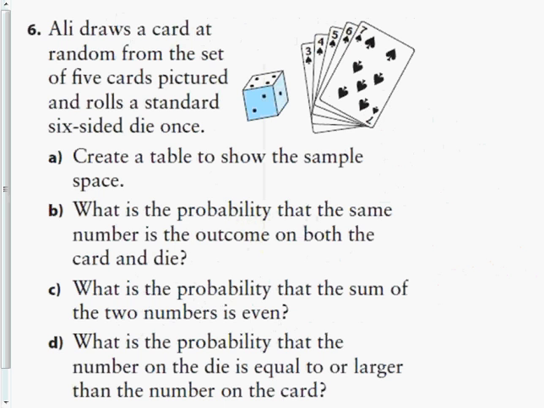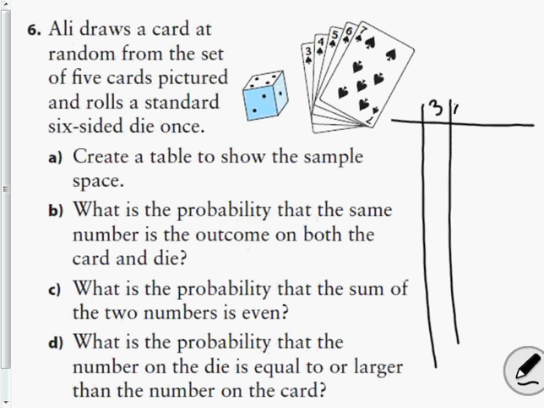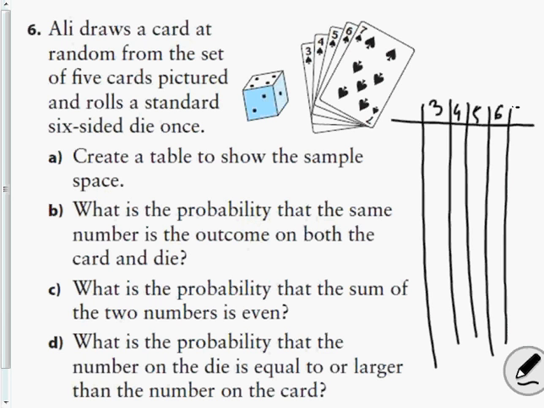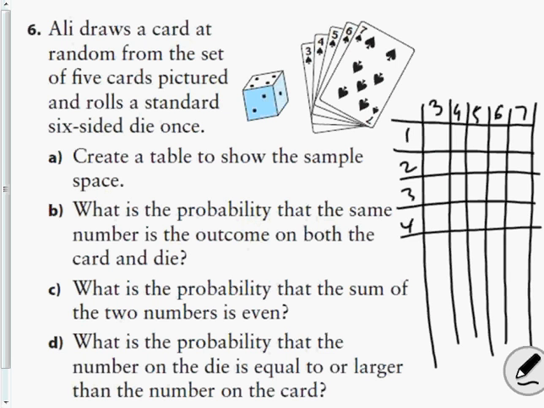Question 6 is Ali draws a card at random from the set of 5 cards pictured. So if I was to do my table of values, I'll put my cards up here, the 3, the 4, the 5, the 6, and the 7. Those are my cards. And my dice, 1, 2, 3, 4, 5, and 6.